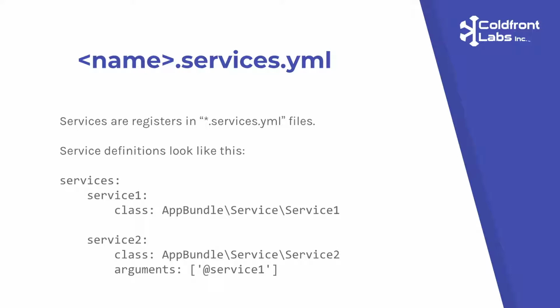So we have an area called arguments, and the @ says this string actually refers to another service. And this is an argument given to this class. So if someone asks for service 2, the service container knows that to initialize service 2, it needs service 1, so it can initialize service 1, feed it to service 2, and then give you an instance of service 2.